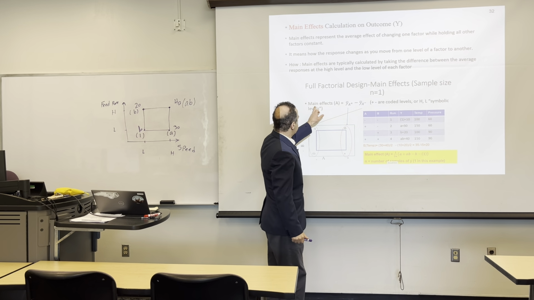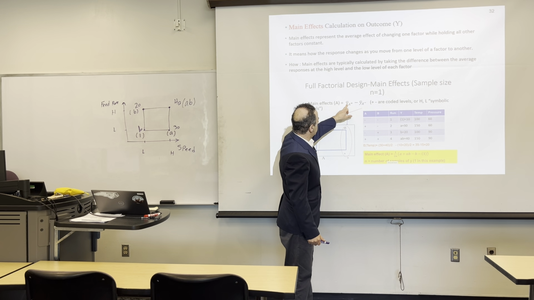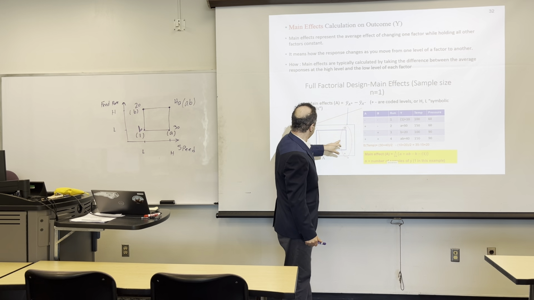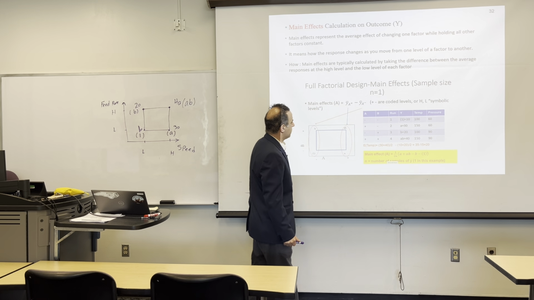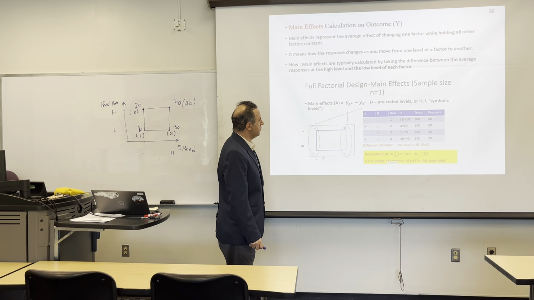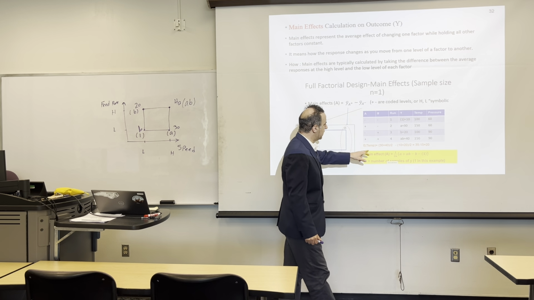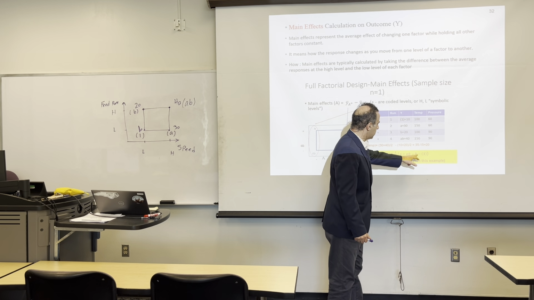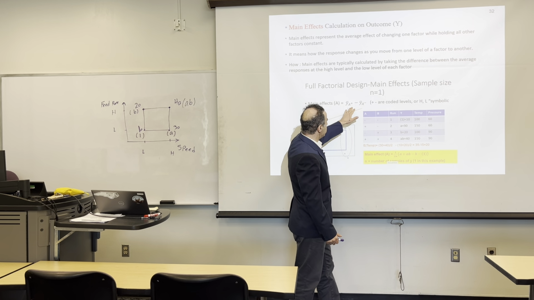So the main effect of A will be the average of this at this point minus the average of this. Another way to show it, you can use these letters and come up with this equation. I can show you. This equation is going to be the same as this one.